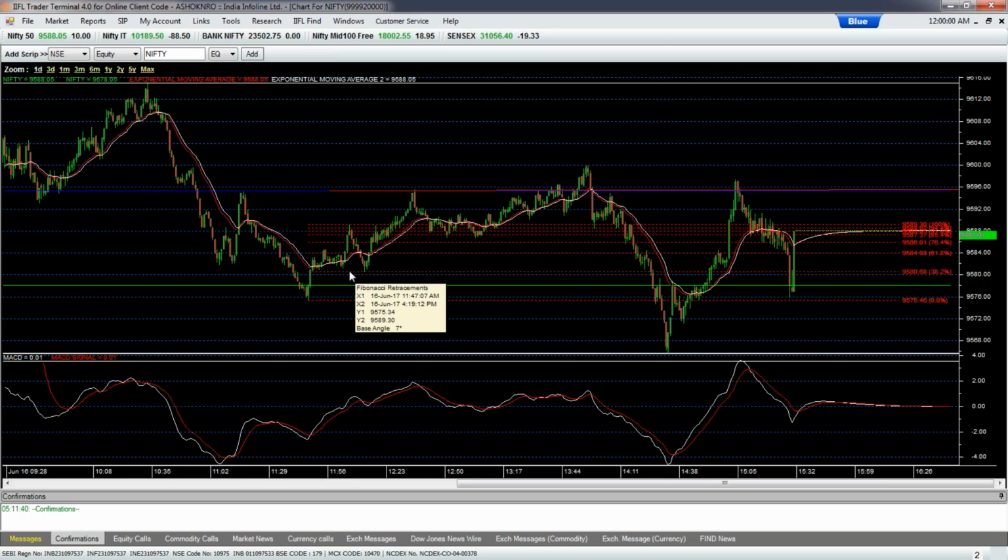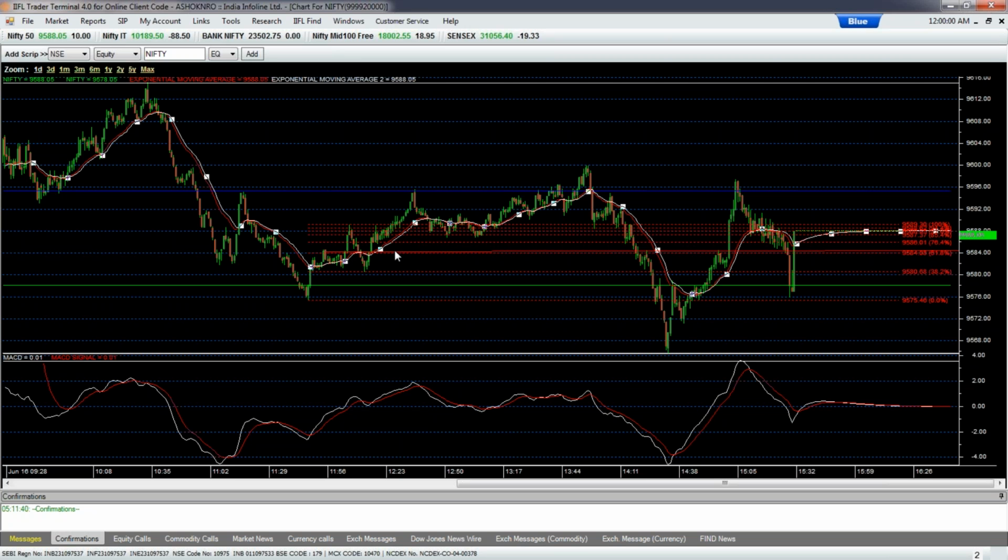That is the place where you will be buying. So when you are buying at this point of time and hit the first target, you can sell it, or you can wait for the second target, and at that point of time you will have your stop loss at the break even level.